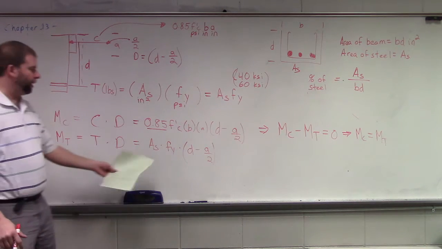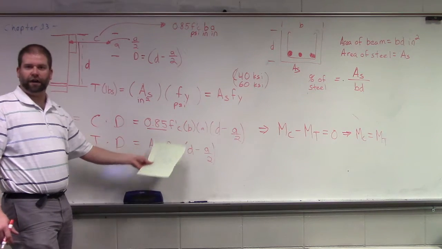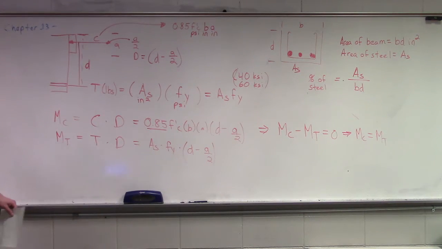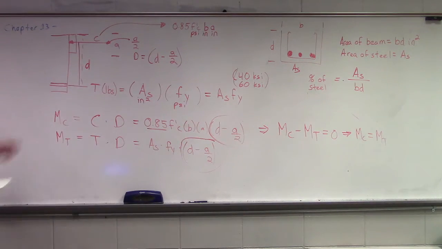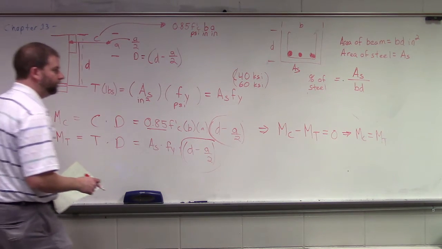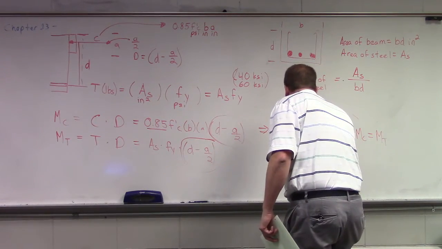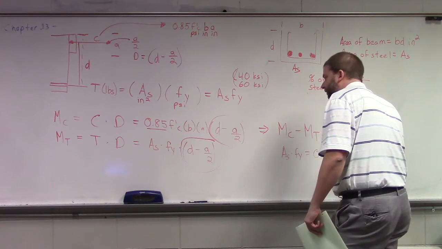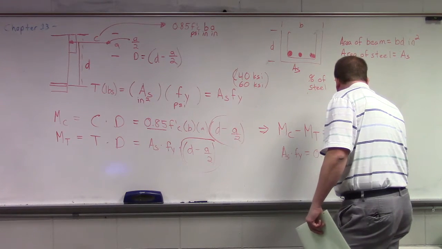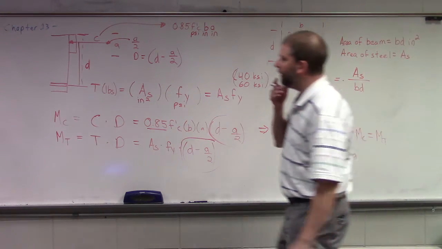So, what do you notice about these two terms? What can we reduce if we're evaluating them? These are appearing in both of them, right? So that's going to remain the same. So we can write out that the area of our steel times the yield strength is going to equal 0.85 F prime C times B times A. And so this can help us determine a number of things.